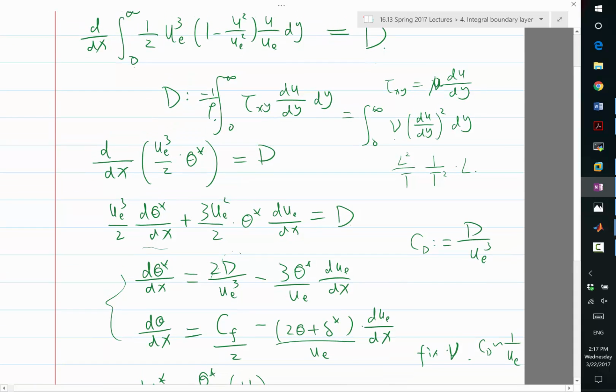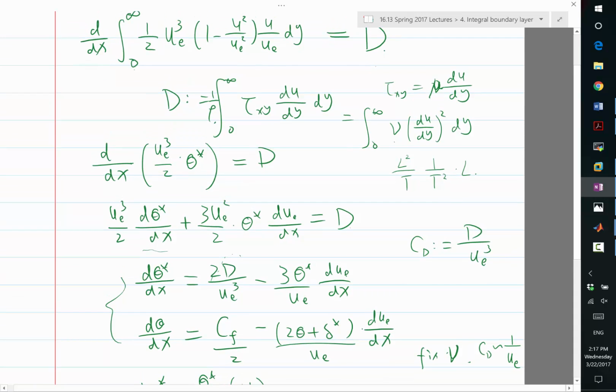We know that the dissipation coefficient scales inversely proportional to UE, and if you keep the same UE and just increase the thickness by a factor of 2, how is du dy going to change? It's going to become a half.